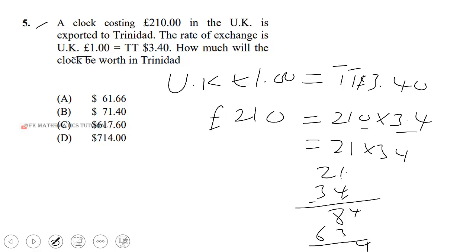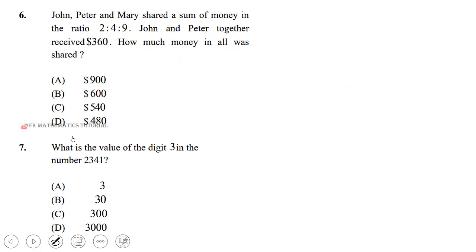So 8 plus 3 is 11, remainder 1, or carry 1. So you get 714. So 714 Trinidad dollars. That is how much the clock will cost in Trinidad.